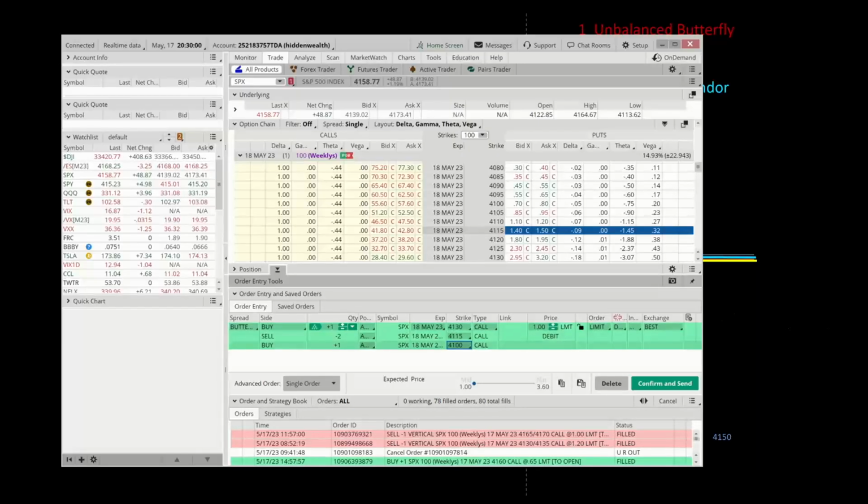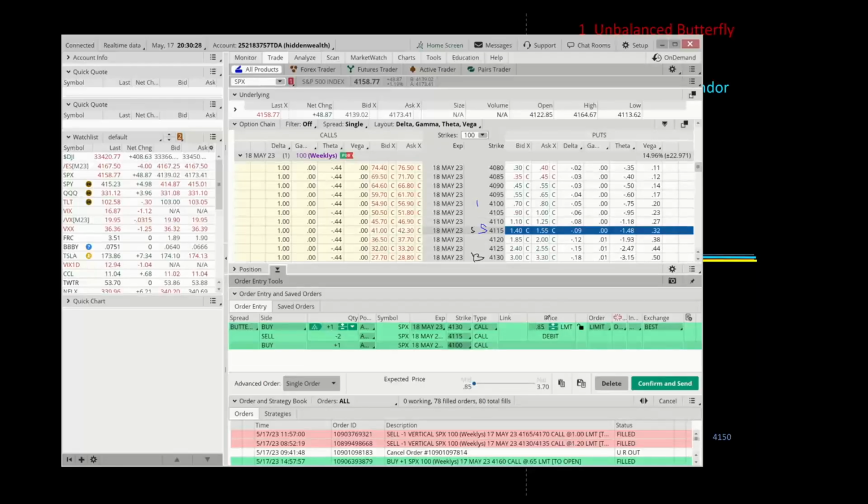Okay. Again, a traditional butterfly will be, if I want to buy a $15 butterfly, I'm going to buy one, sell one, and that's going to be my long spread. And then I'm going to sell a spread $15 wide, and that's the butterfly.